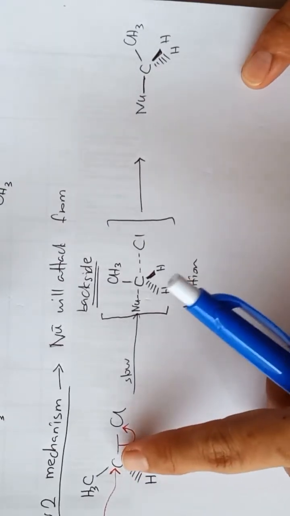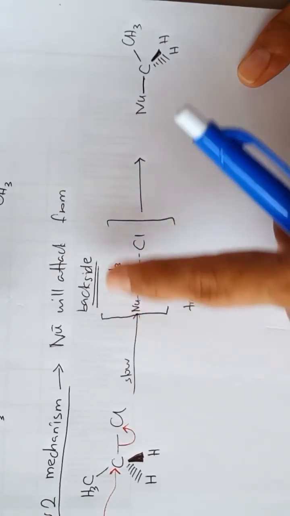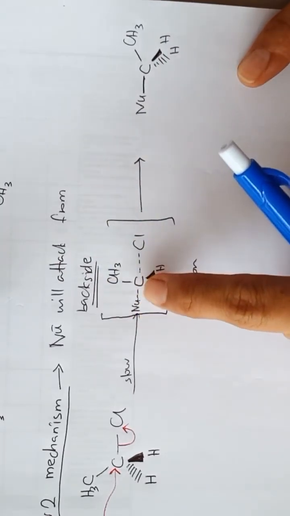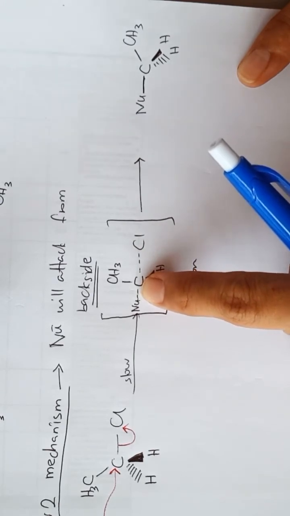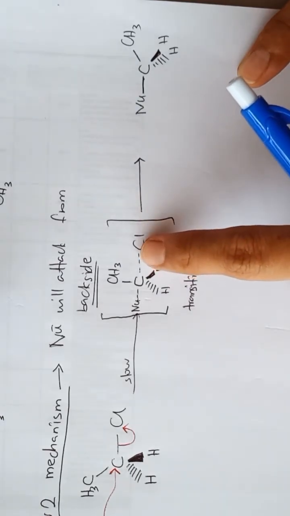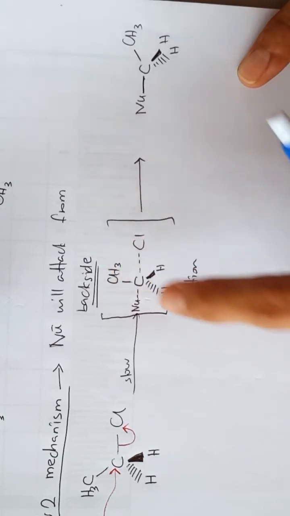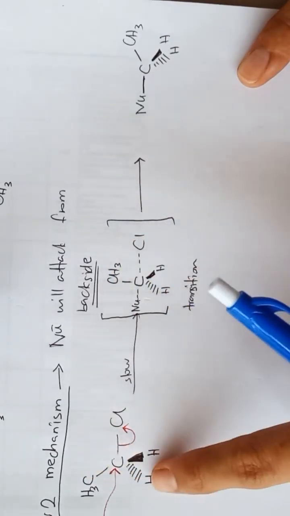At the same time, the carbon chlorine bond will break. So we form an intermediate. The nucleophile is partially bonded to this carbon, so this is a dotted line, and the carbon chlorine is partially broken, also a dotted line. And what happens to the CH3 and 2 hydrogens here?